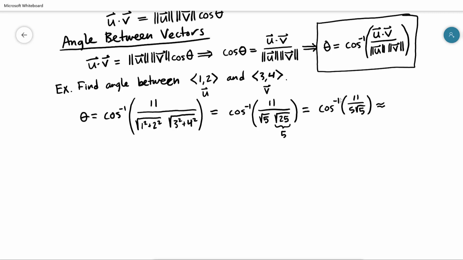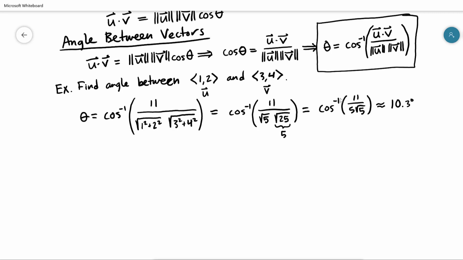Sorry, my calculator is screwing this up here. 5 root 5. Make sure I typed it in correctly. There we go. I got, in this case, an answer of about 10.3 degrees. So that looks like my answer there.